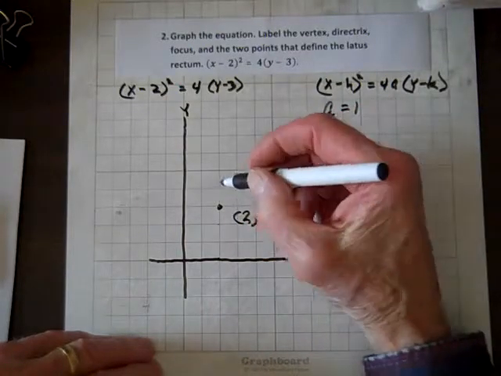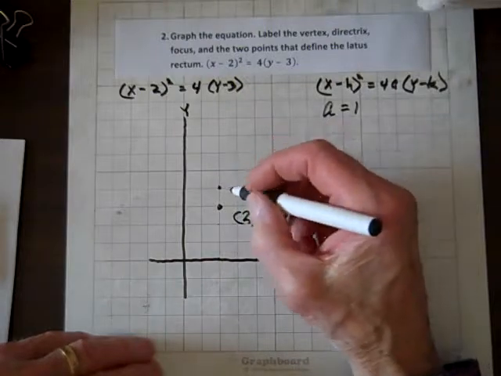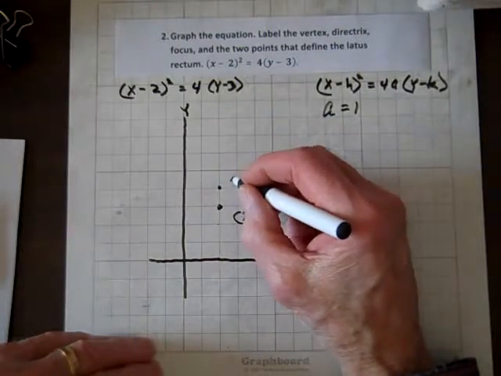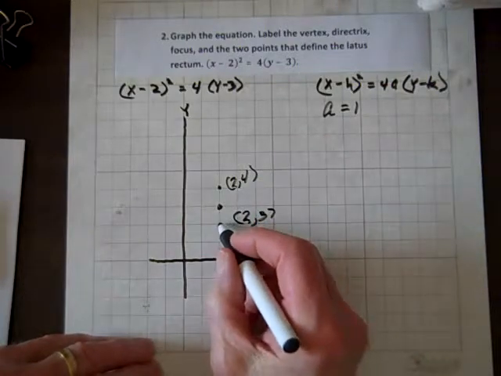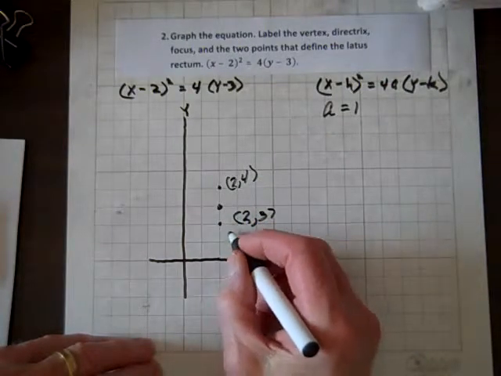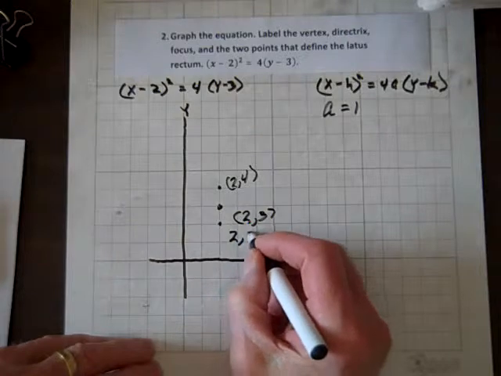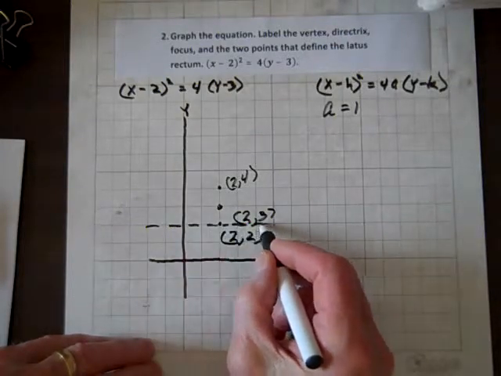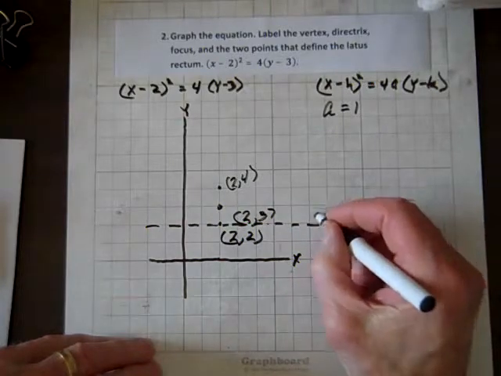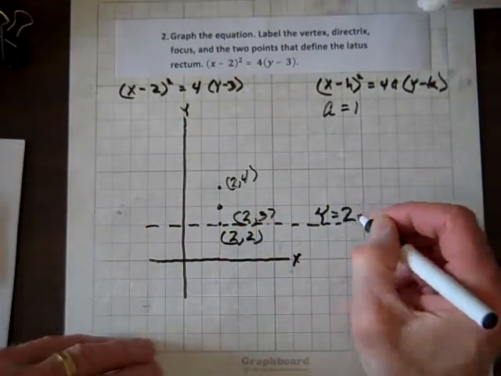And since a is 1, our focus is going to be 1 unit above that at 2, 4. So our directrix is going to be 1 unit below that at 2, 2. And the equation of the directrix is y equals 2.